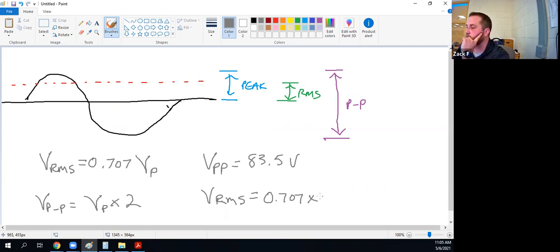What is V peak? It's half of 83.5, right? This is the example we're given. We're trying to find this. So if 0.707 times V peak is VRMS, it'd be 83.5 divided by 2, right?